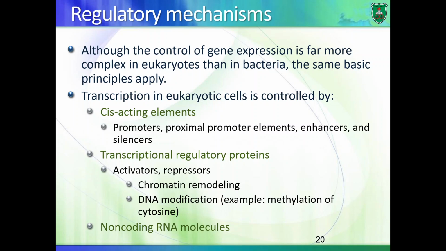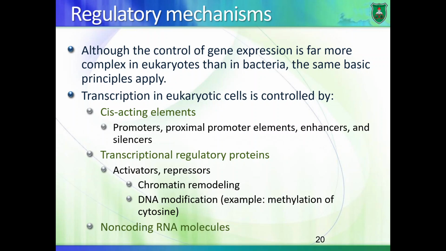Okay, so transcription in eukaryotic cells is controlled by cis-acting elements, and there are more types of cis-acting elements in eukaryotic genomes versus prokaryotic genomes. So in eukaryotic cells, in their DNA, there are promoters. There are proximal promoter elements. There are multiple promoters, as we mentioned before.